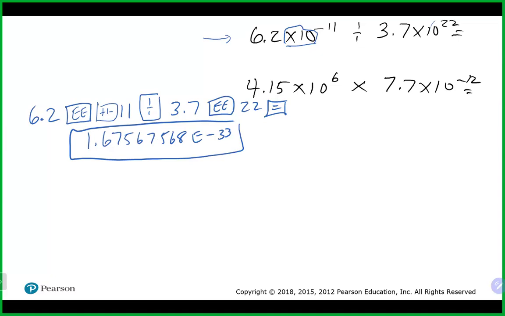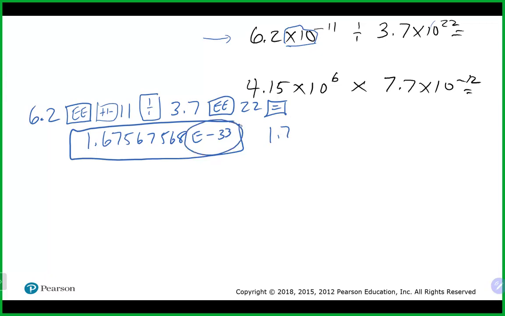Now, a couple important things about this. Something that people do very commonly when they have an answer in scientific notation on their calculator is they forget to give the proper number. We'll talk in the next chapter about why, but we're going to round it to 1.7, and there is a reason, which we'll cover in the next chapter. But the thing that people oftentimes forget is found way on the right of your display, right about there.